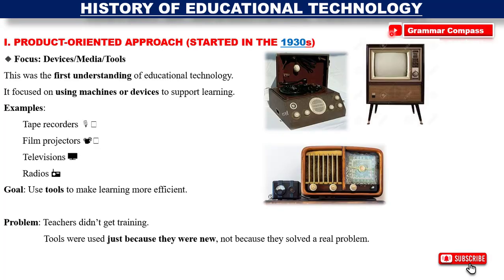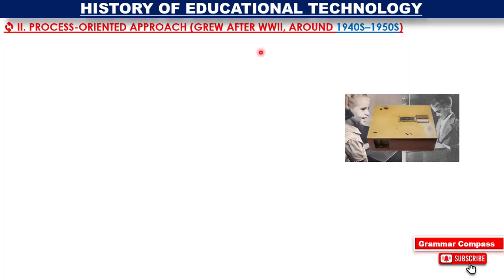So remember, the first approach of educational technology history was the product approach. After the product approach, which was in the 1930s, the next approach that was used was the process-oriented approach, and it was after World War II, that is from the 1940s through to the 1950s.